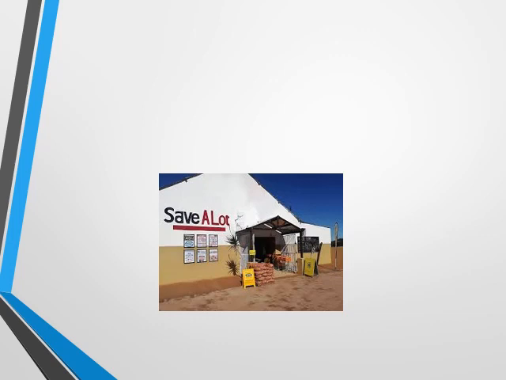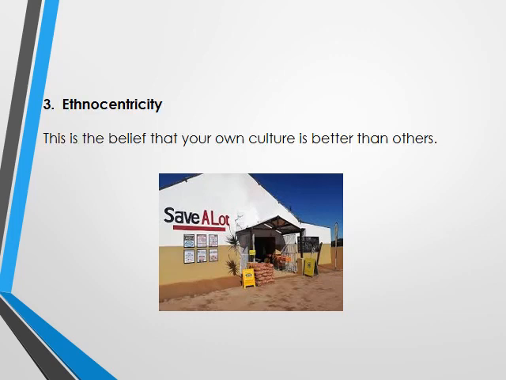Why, when you walk into a shop like that, you say, "My friend," and are they really your friend? You didn't get to know their names there. If they are your friend, you would know their mother's name and their birthdays and things like that. It's because, as a South African, you think you are better than the foreigners. And this we call ethnocentricity.